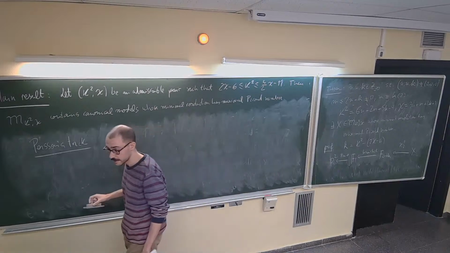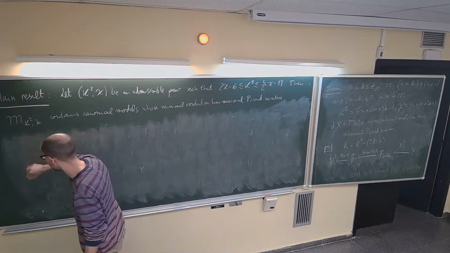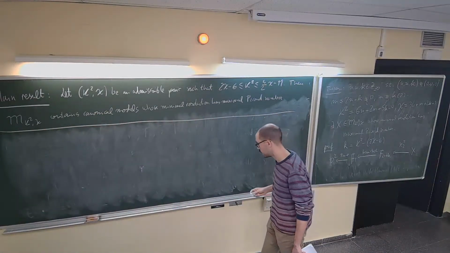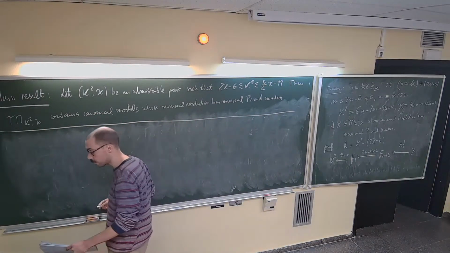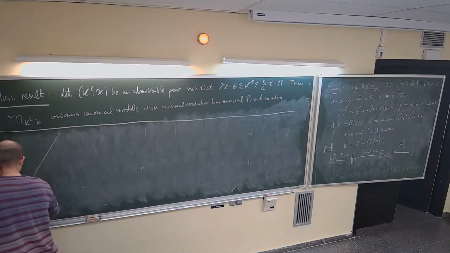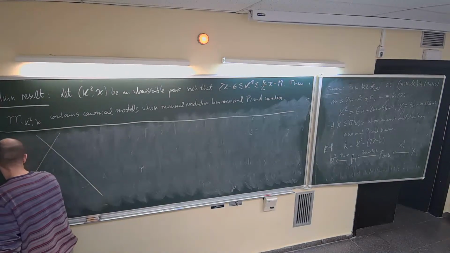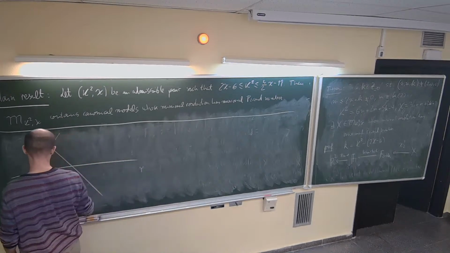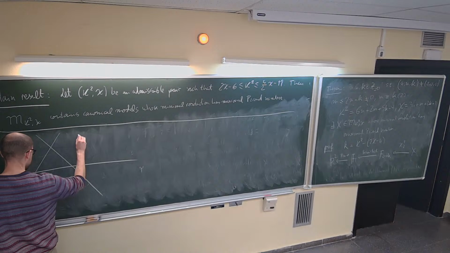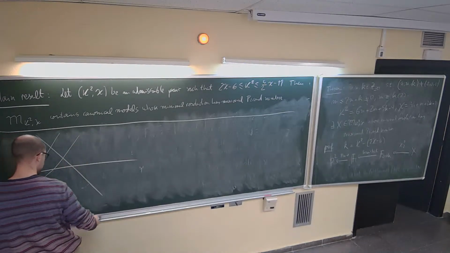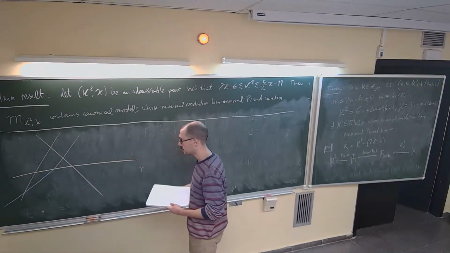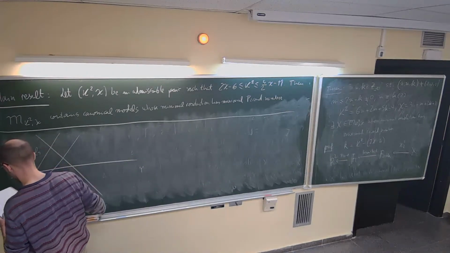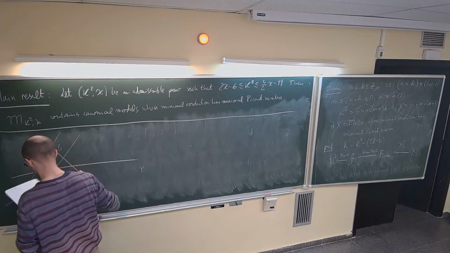Now, I hope things won't get very messy because the configuration of curves is not that simple. Basically, what we need to consider is, first of all, 4 lines in general position. Okay. And let me start to name things. Let me name these lines.